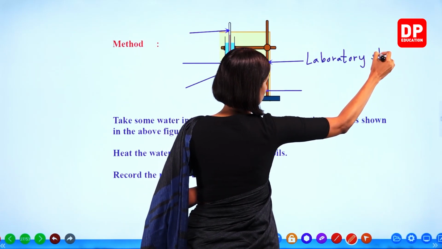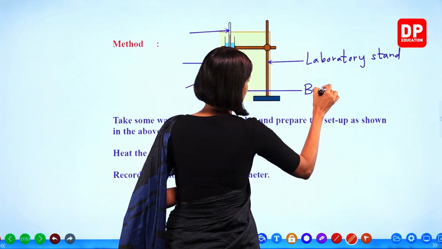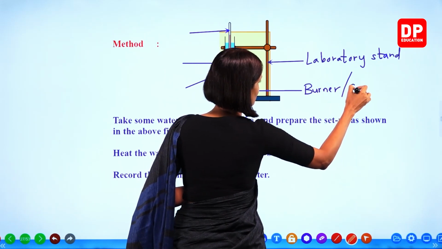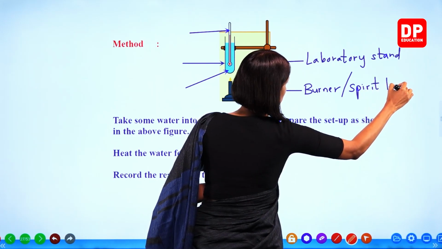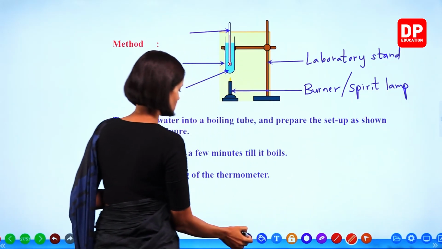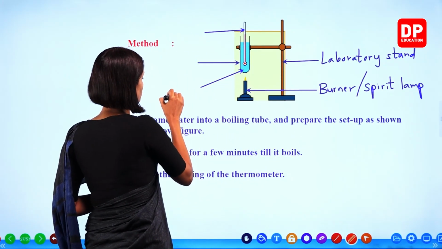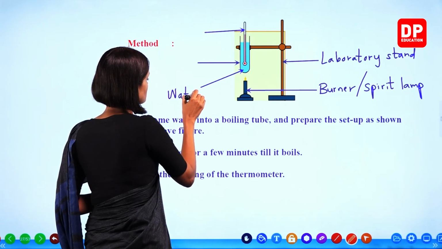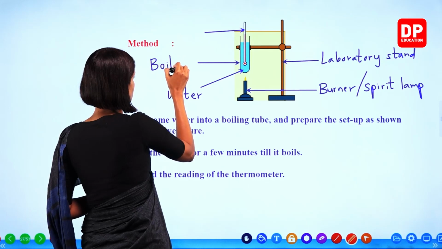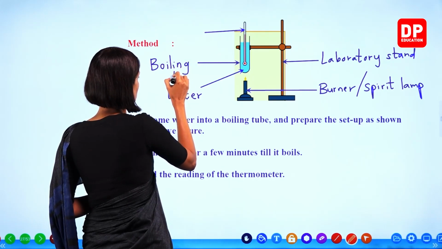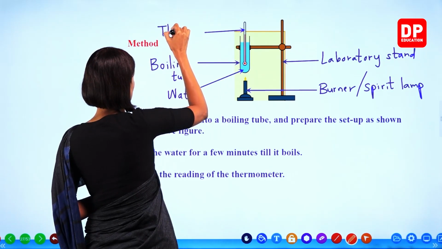Burner, Bunsen burner or spirit lamp can be used too. Spirit lamp. Water, boiling tube, thermometer.